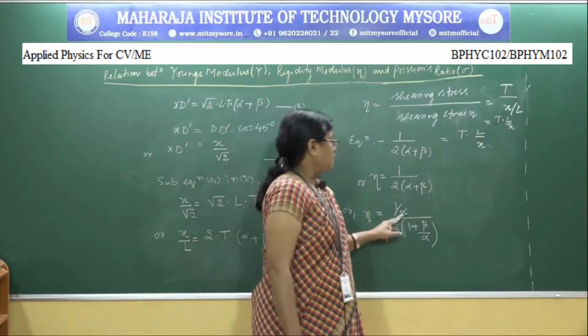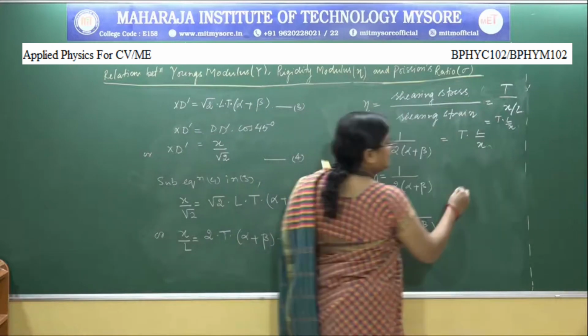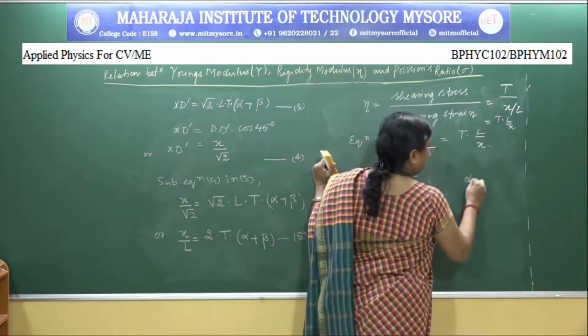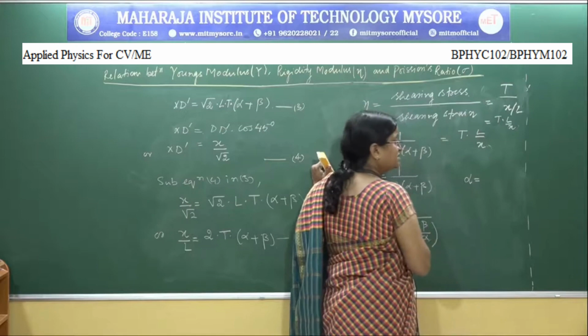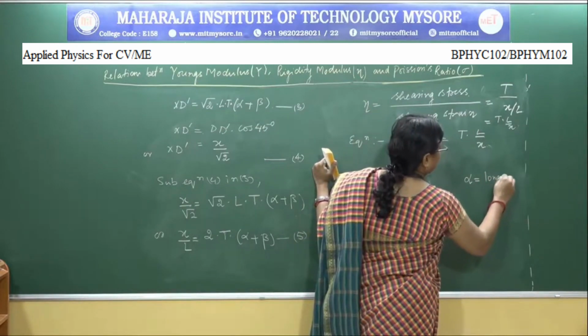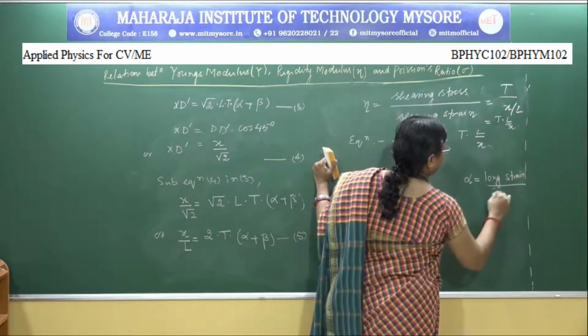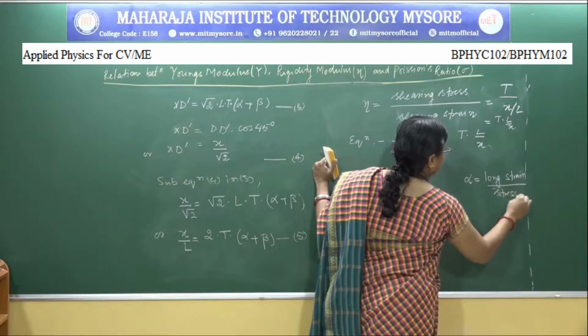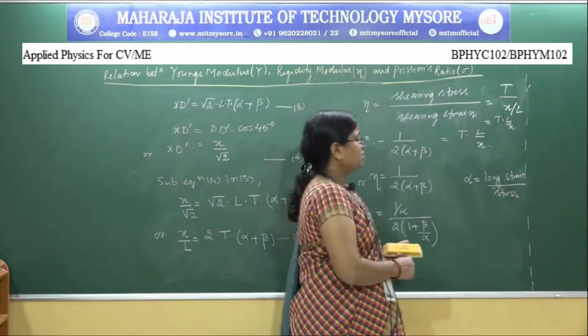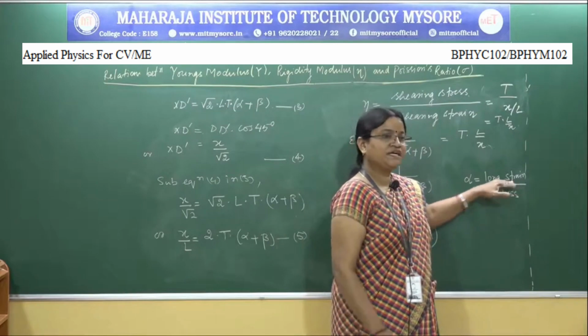Now alpha is the longitudinal strain coefficient, which is defined as longitudinal strain per unit stress, and Young's modulus is longitudinal stress by longitudinal strain.